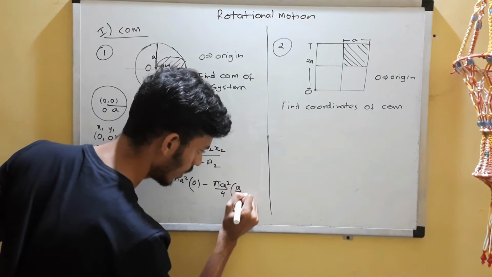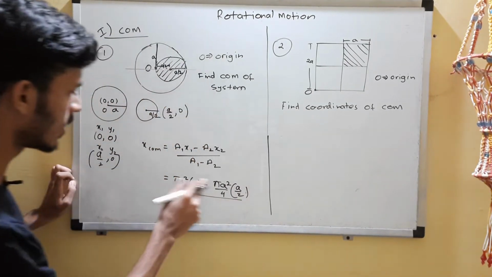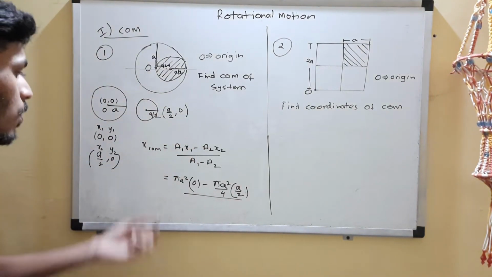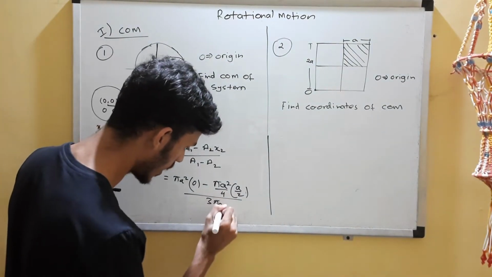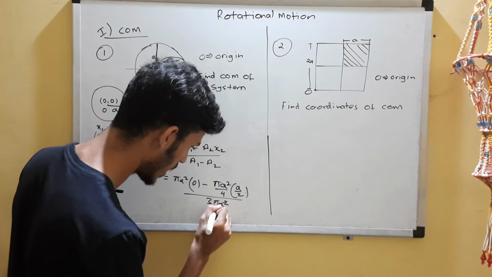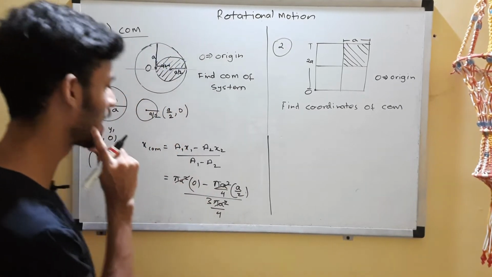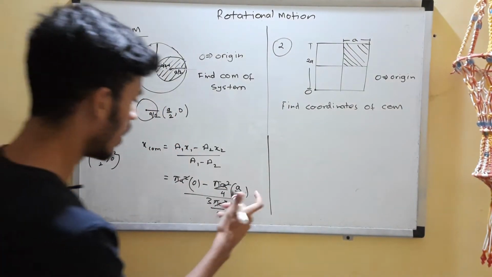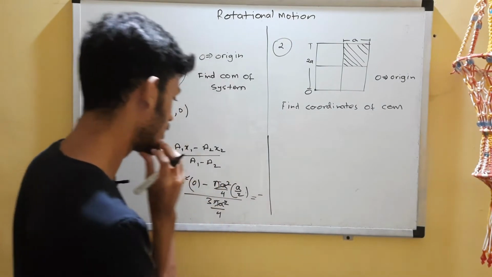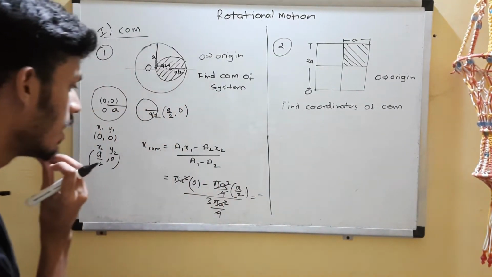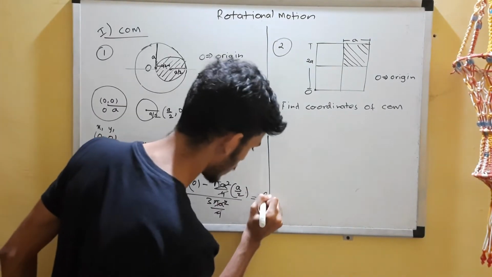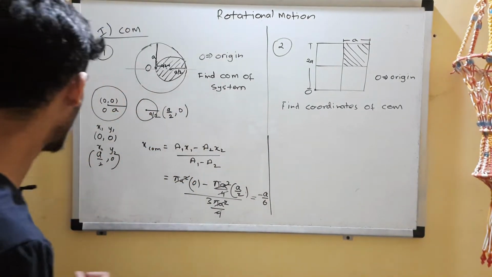And A1 minus A2 is pi a square times (1 minus 1/4), so that will be 3/4, so 3 pi a square by 4. Pi a square can get cancelled. This term is anyway 0, and we'll have minus a by, so 4 and 4 can also get cancelled, minus a by 6.